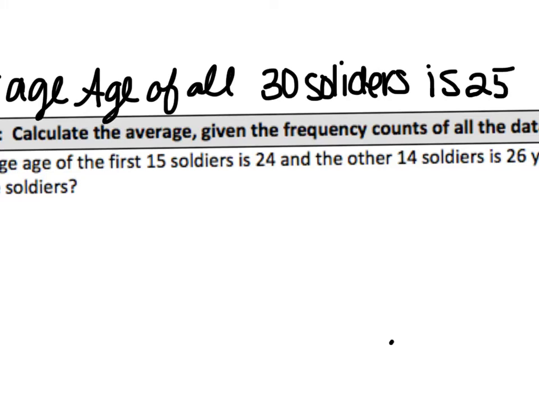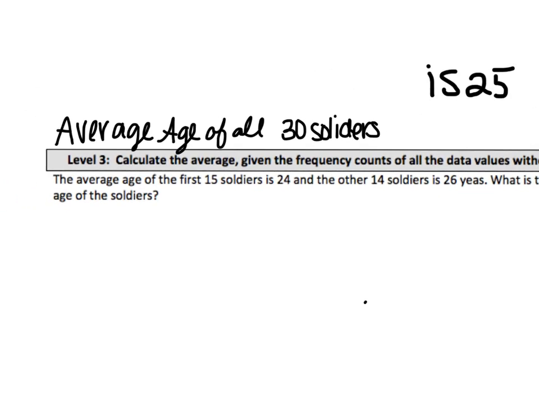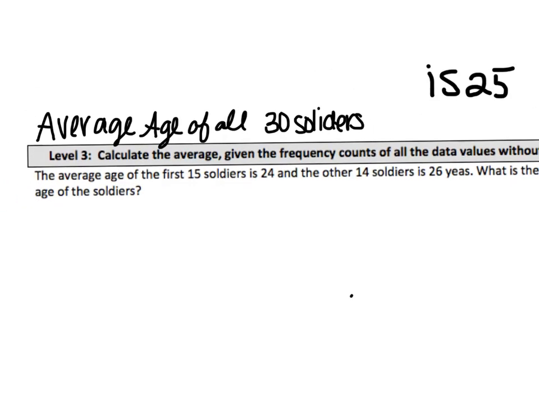So we're talking about 30 soldiers here. The average age of all of them is 25. The first 15 have an average age of 24, and the other 14 is 26.